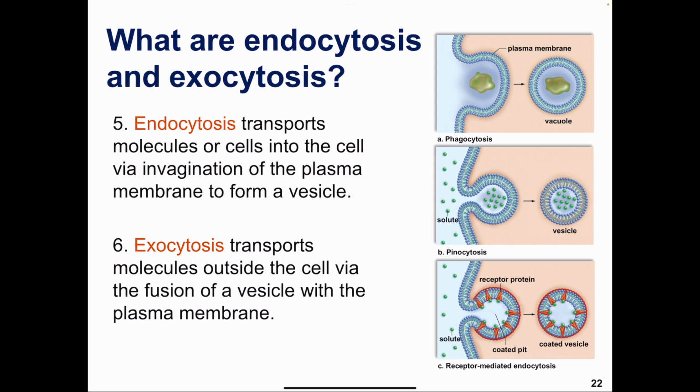All right, other ways molecules or elements can cross the plasma membrane. We have endocytosis. Endocytosis is a form of transport that allows the cell to bring some particles in. These particles can be solid particles such as bacteria.